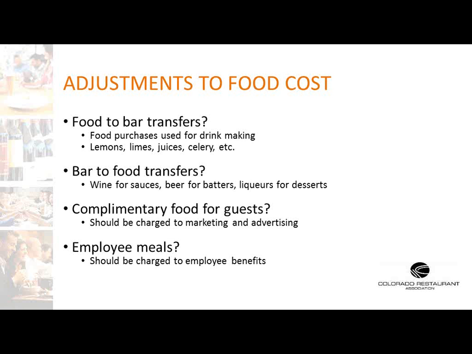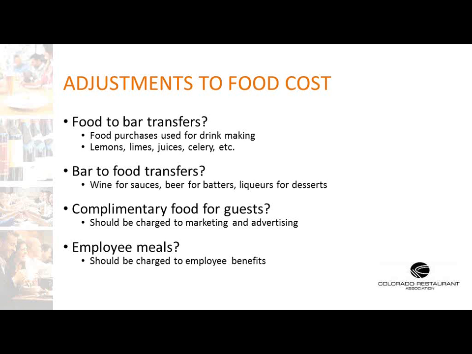And long story short, if we are purchasing food that's really being used to generate liquor sales, lemons, limes, juices, celery, all that, those items need to be taken out of your food cost and put into your liquor cost. Think about that. I wasn't doing that, and I was consistently missing my bonus by a half percentage point. And it took me a while to figure that one out.